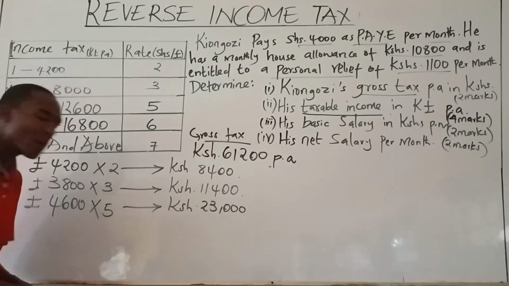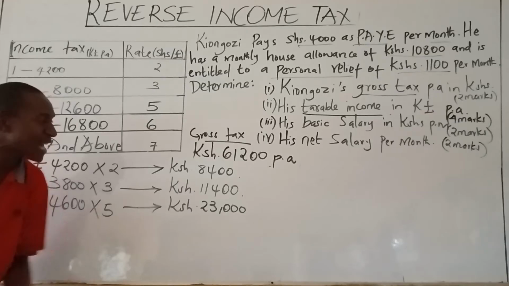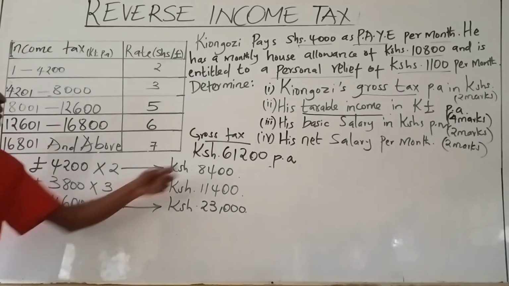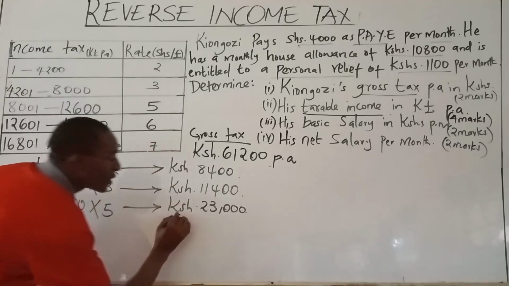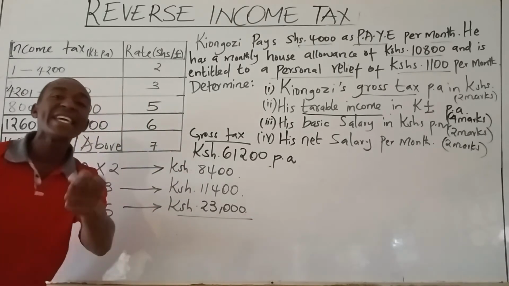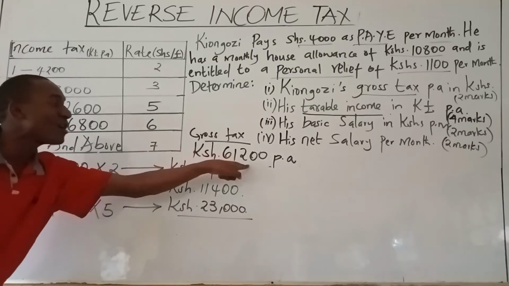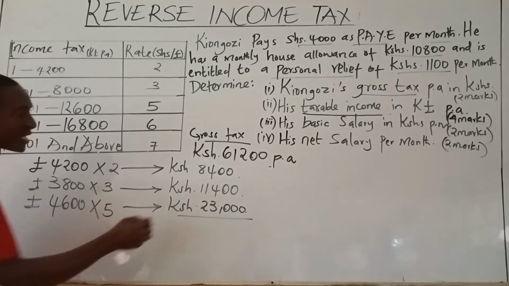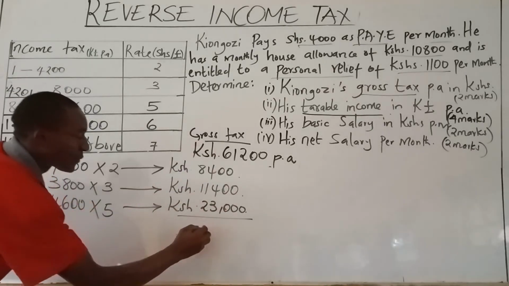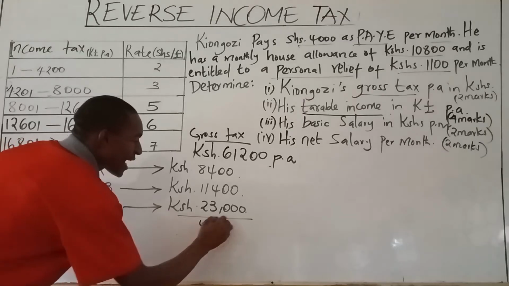So at this moment, I want us to be very keen to ensure that the amount of gross tax we get here does not exceed 61,200. So we first of all total this. I have done trial and error to check whether I am approaching this amount that I have here. So when you total these ones, you get 42,800.